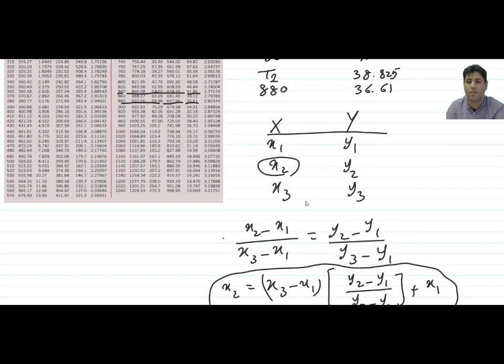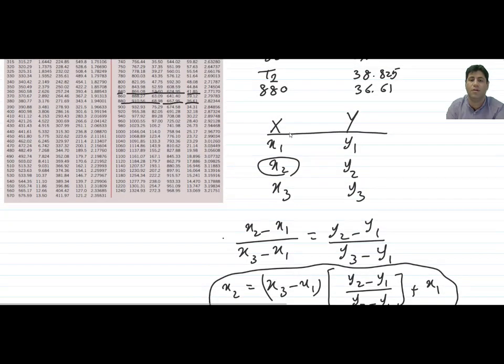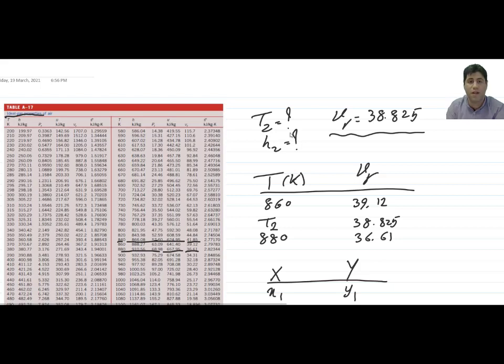We first come up with this equation, and finally we can find x2 as the unknown. With a similar procedure, we can find T2 in our table.